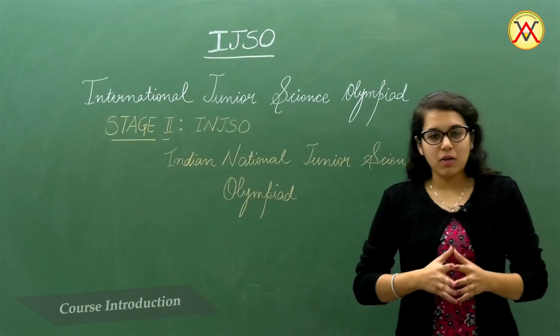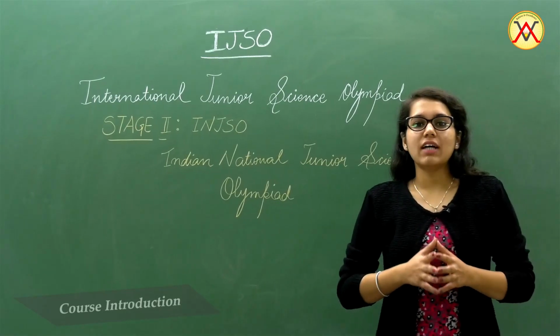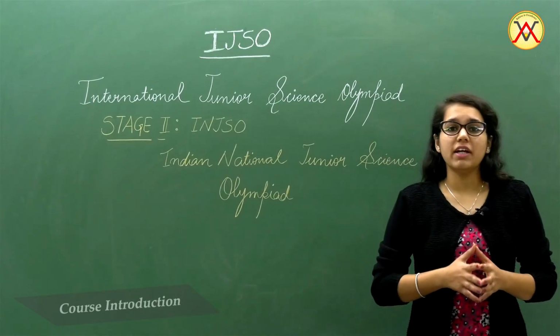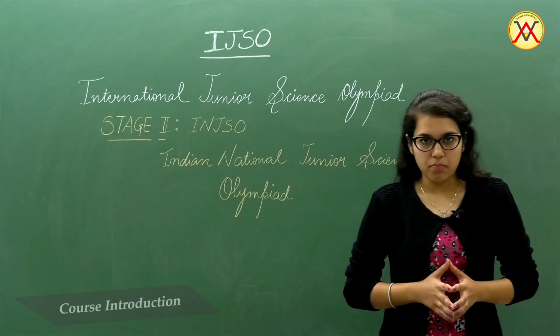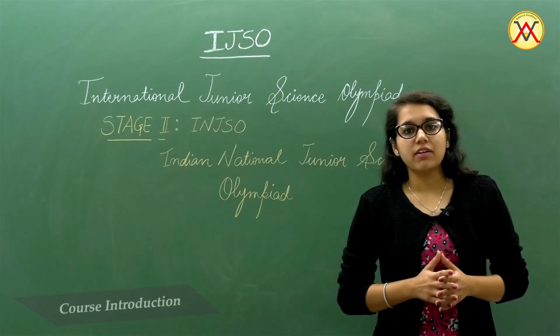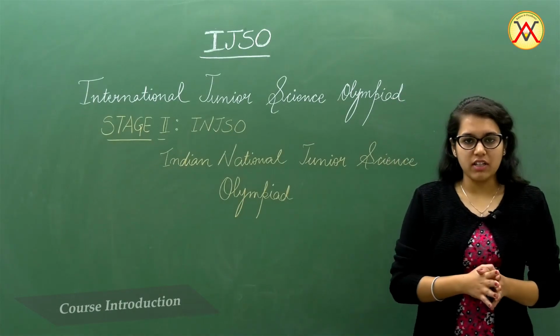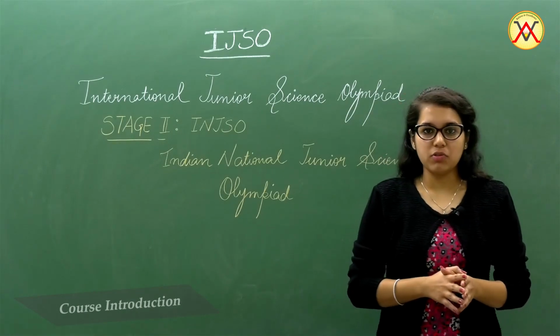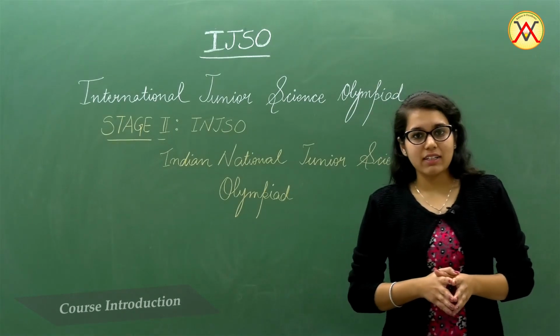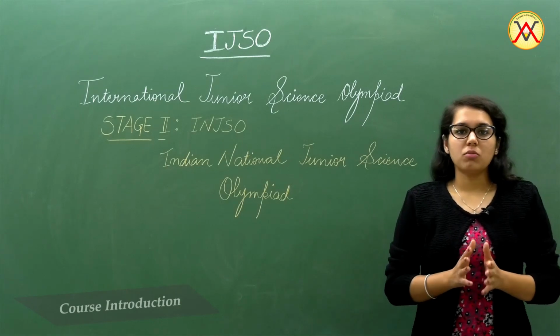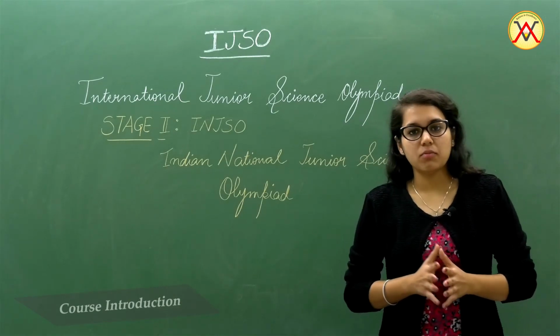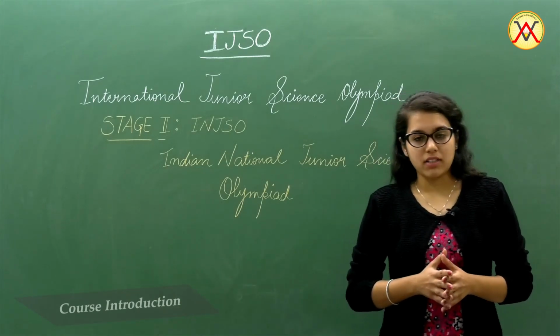Now the second stage of IJSO is INJSO, which stands for the Indian National Junior Science Olympiad. Out of the first stage, the top 300 or 350 students move on and take this exam, which has almost the same subjects except mathematics. We'll talk about the exam pattern later on.